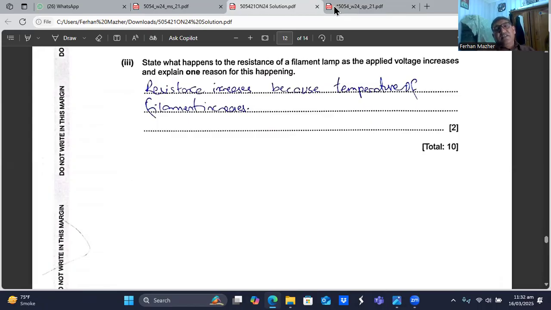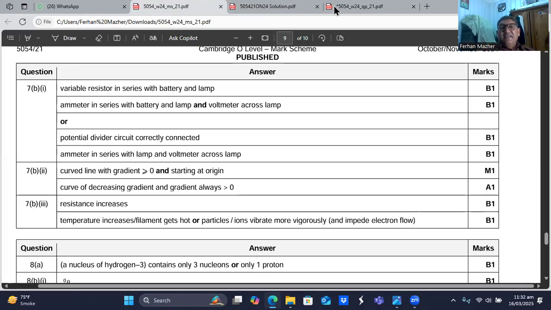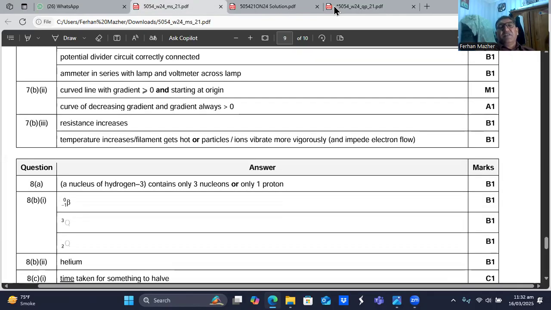The reason is that the temperature increases. When more and more voltage is provided to a filament lamp, its temperature increases, so its resistance also increases. The mark scheme says the resistance increases, the temperature increases, the filament lamp gets hot, and the ions vibrate more vigorously and impede electron flow.